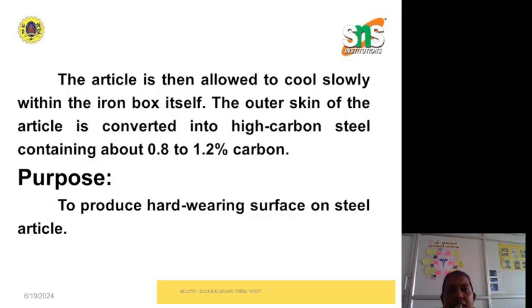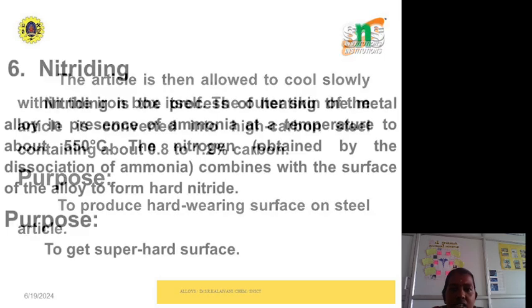The article is then allowed to cool slowly within the iron box itself. The outer skin of the article is converted into high carbon steel containing about 0.8 to 1.2 percent carbon. The main purpose of this process is to produce a hard wearing surface on the steel article.